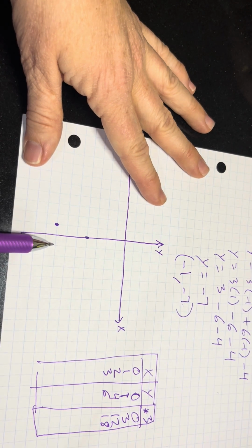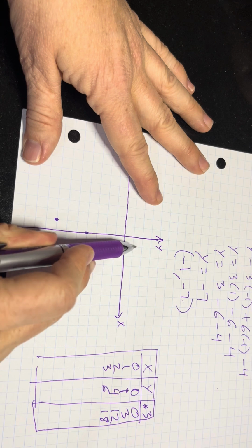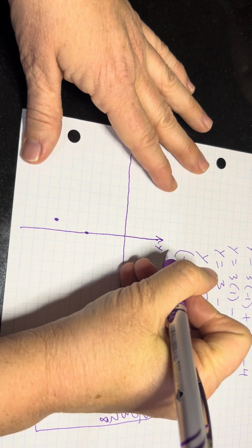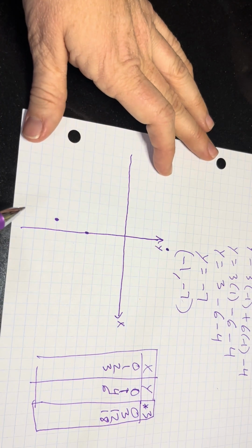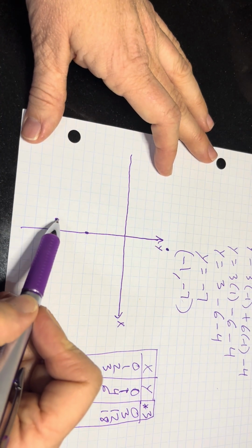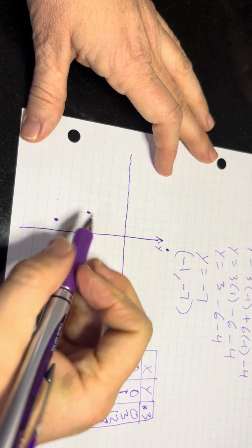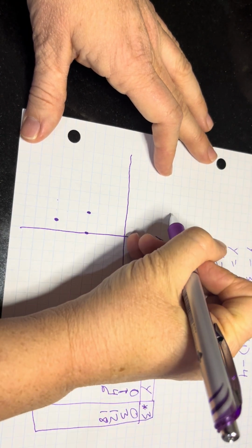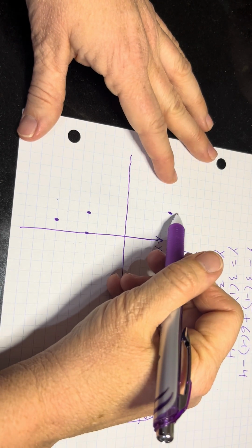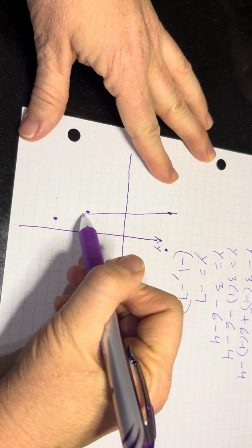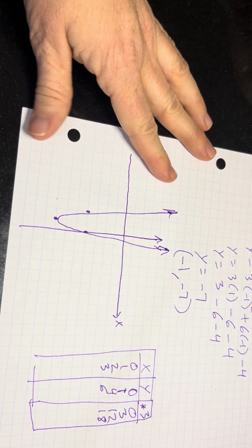Go to the right 2 and up 1, 2, 3, 4, 5, 6, 7, 8, 9, 10, 11, 12. Okay, now remember how we had the symmetry on both sides? If we go to the left, then we go up 3. If we go to the left 2, we end up 12. We end up right on the other side of that one. So we end up with a graph that looks like that.